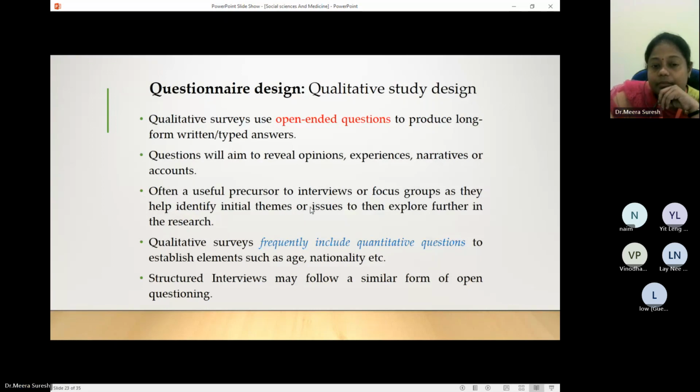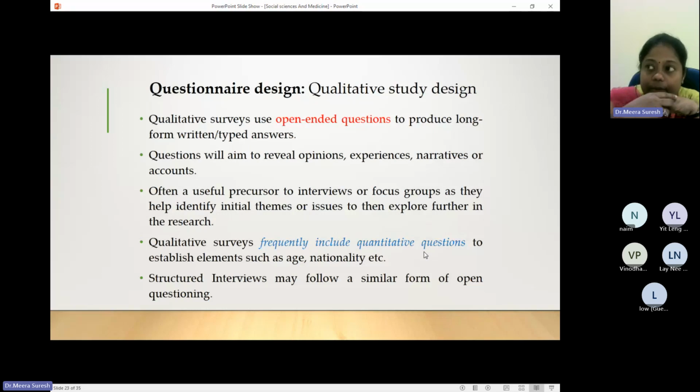It can be a precursor as it helps to identify initial themes and issues which can be explored further. Qualitative surveys frequently include quantitative questions also, like age, nationality, etc. So it is not completely qualitative. We need to add their age, their gender, their nationality.